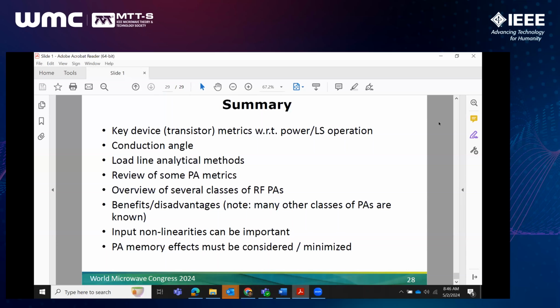It needs to be part of the design cycle. And PA memory effects, especially in wireless systems, are very important. They're often a limit in how well we can pre-distort something. And we'll even see their effects creating unequal spurious components on the lower versus upper sidebands.